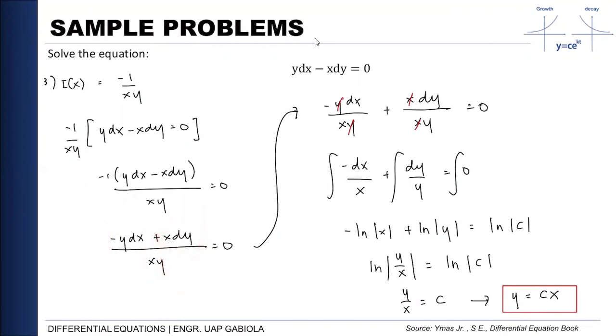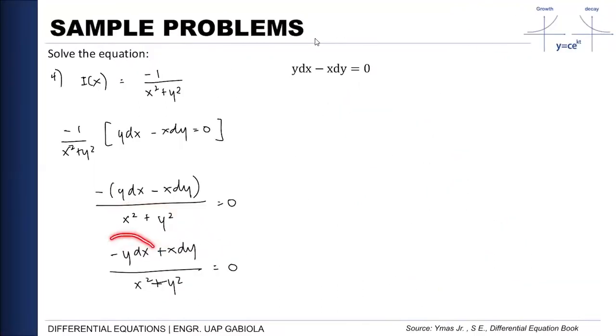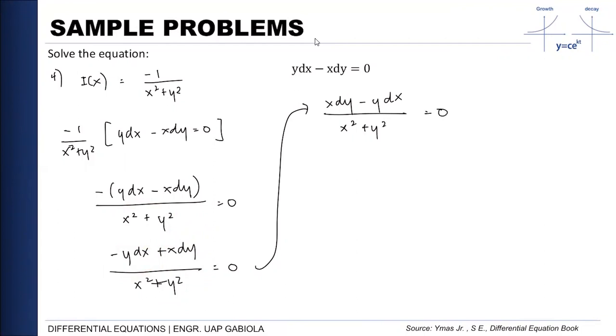Okay? Kung isa-separate natin, ito, dapat ito yung first term, ito yung second term. And we cannot do anything about it. Okay? So, kaya retain lang natin siya. Ayusin lang natin yung numerator. We have x dy minus y dx all over x squared plus y squared is equals to 0.